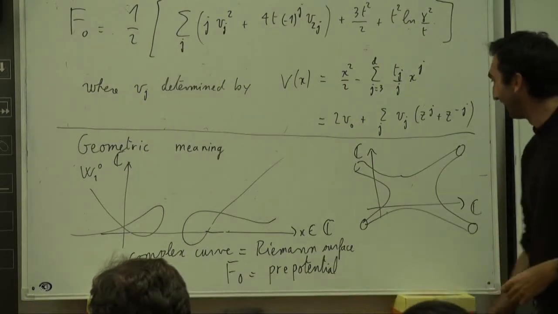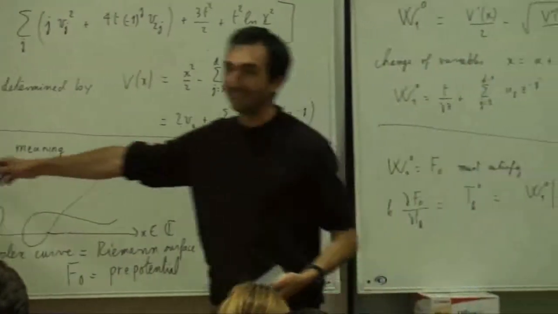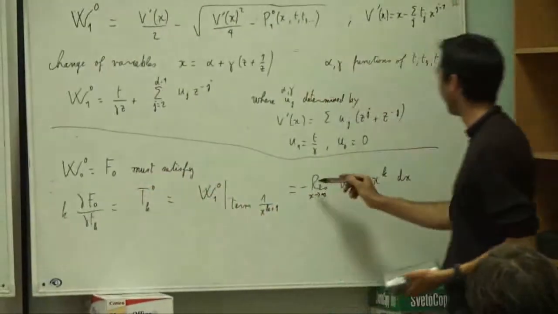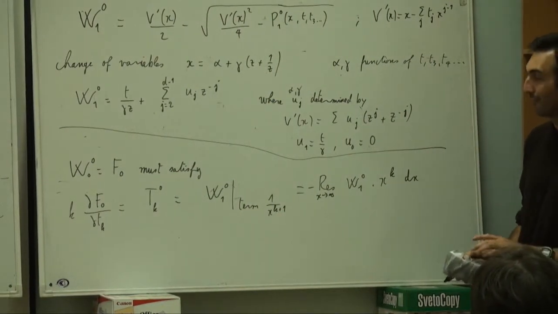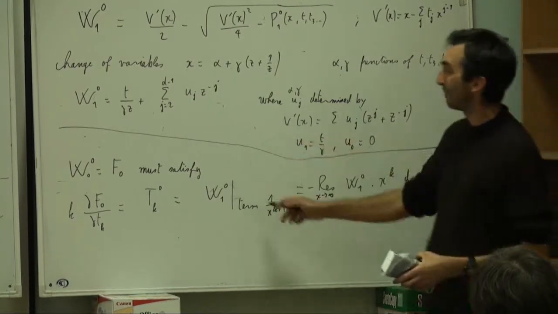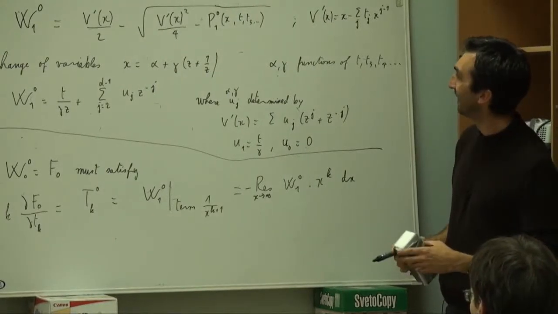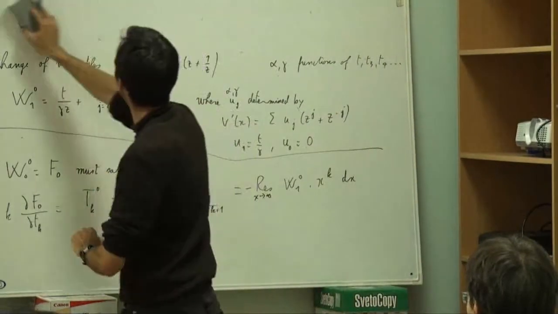But more or less, the definition of a prepotential is that the derivatives are given by integrals of the function W10. So it's more or less what we have here. The derivatives are integrals with W10. This is more or less the definition of a prepotential. So, this already implies that F0 is a prepotential. So, okay. Let me continue with the two-point function.